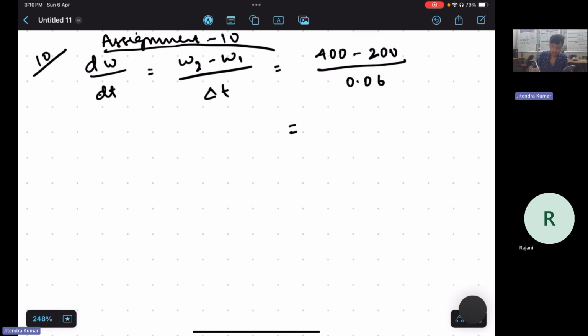It is 3,333.33 radians, and I think that is in the range.